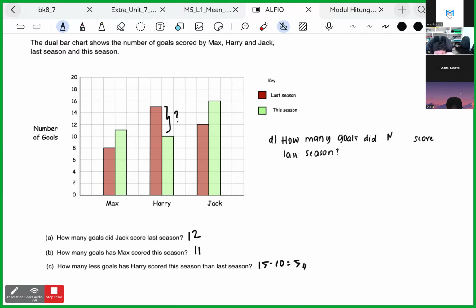Ini nggak jadi Harry deh. I change it to Max. How many goals did Max score last season? And then, how many goals did Max score last season? Okay, D, berapa tadi? What's the answer for D?